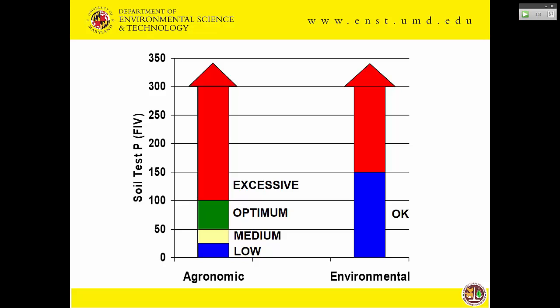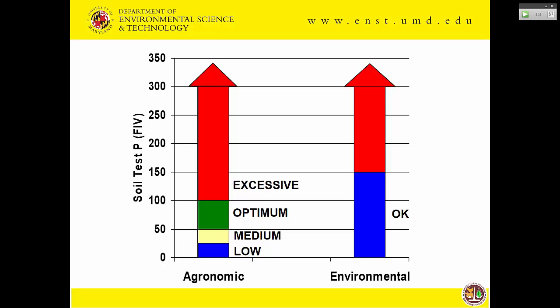There was actually one thesis or dissertation, I forget which degree that young woman was working on, and her data showed that above about 150, phosphorus started to be more mobile in the soil. You could measure it in a soluble phosphorus extract, and it was probably potentially labile in the environment. So the cutoff of 150 FIV was used as the best criteria we had, based on the science that existed at that time, to use an agronomic soil test for an environmental application.